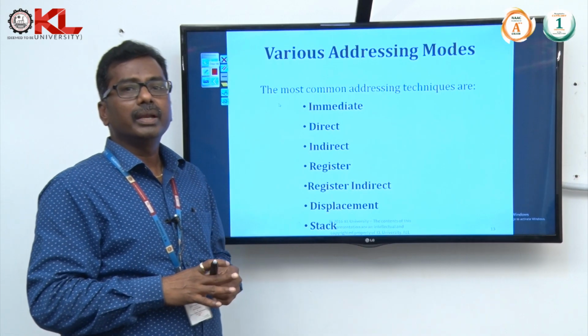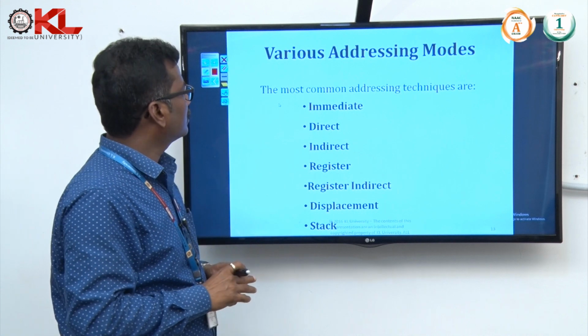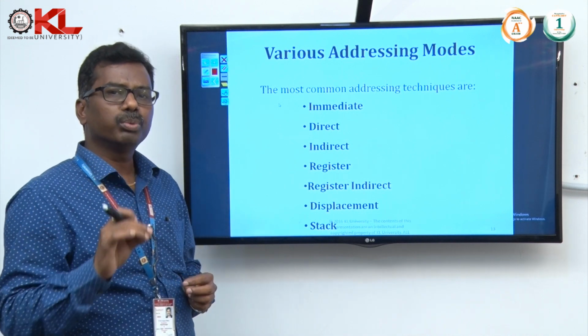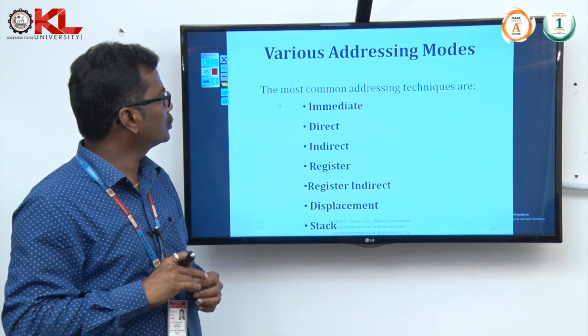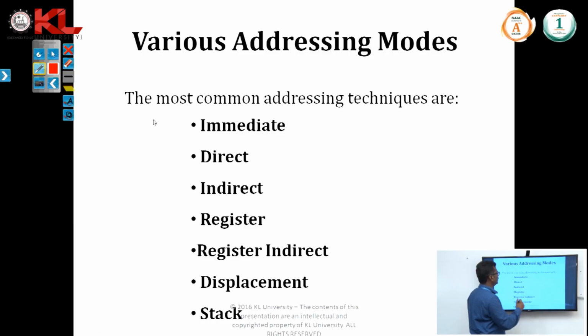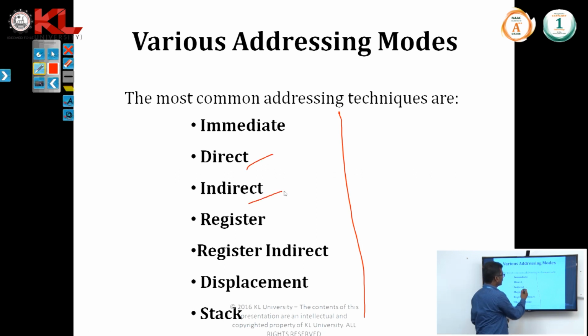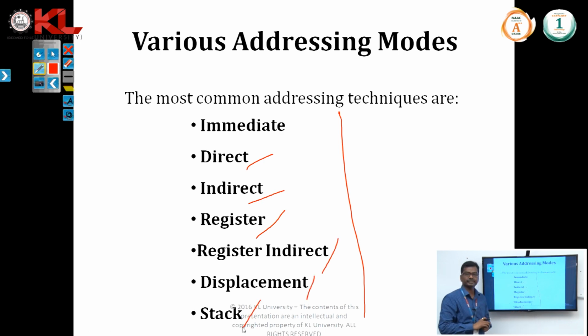Now, let us try to understand the popularly used addressing modes. We have a set of addressing modes. We start with the immediate addressing mode, and we have the direct addressing mode, indirect addressing mode, register addressing mode, register indirect, displacement, and stack.